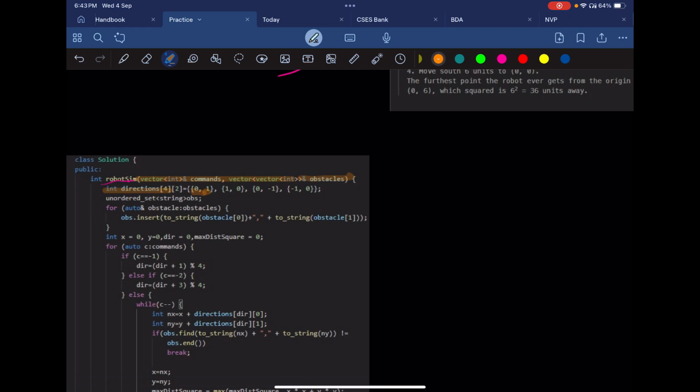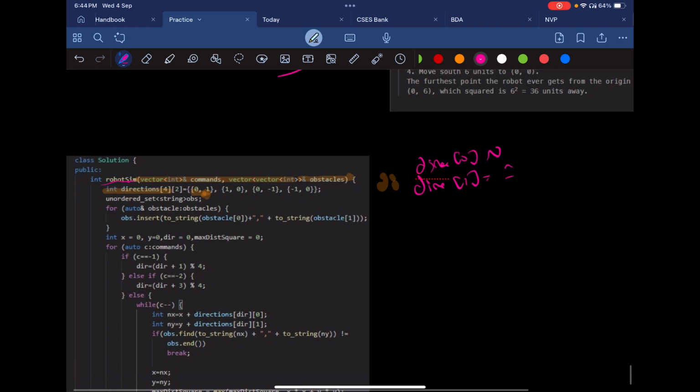So direction 0 indicates north, direction 1 indicates east, direction 2 indicates south, direction 3 indicates west.